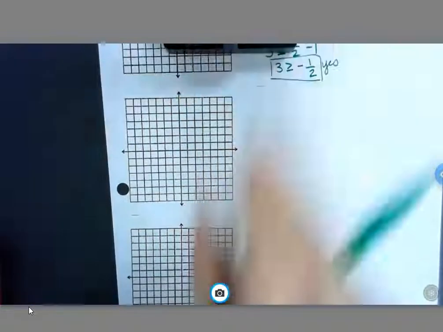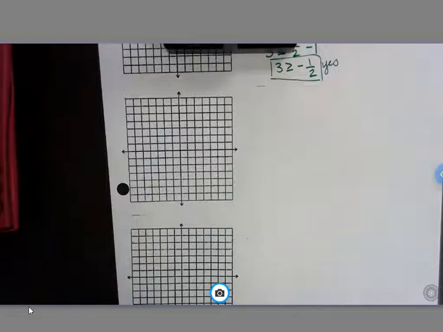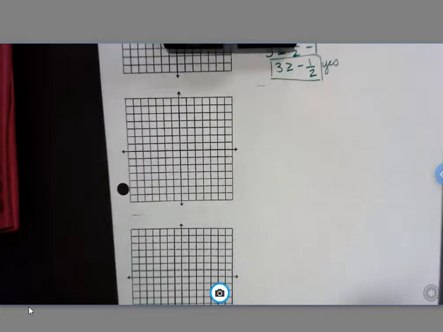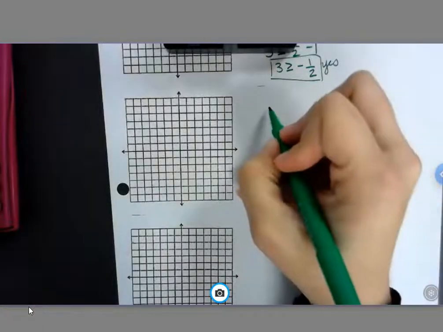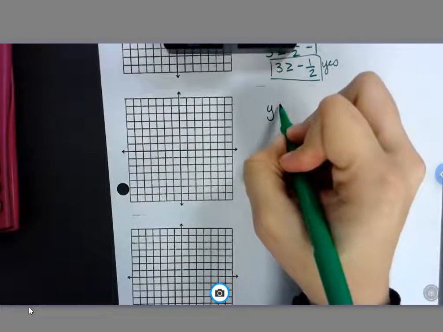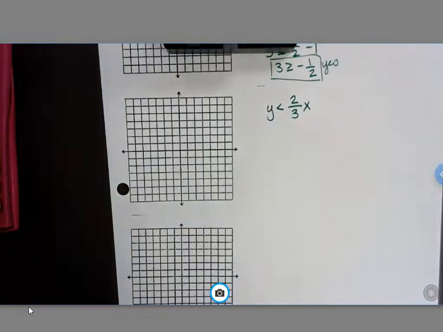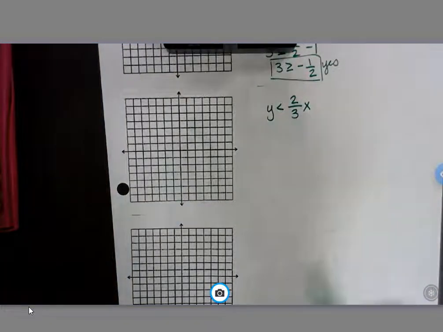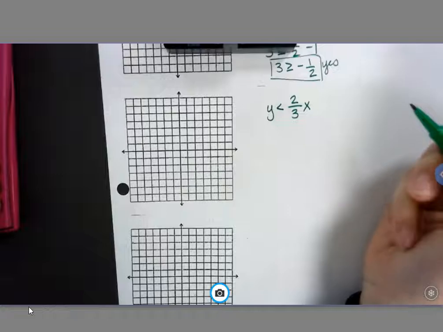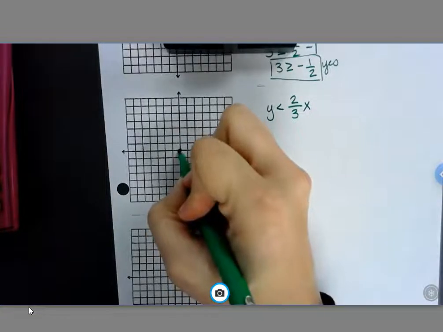All right, let's try another one. All right, let's do y is less than 2/3 x. So the y-intercept here would be 0.